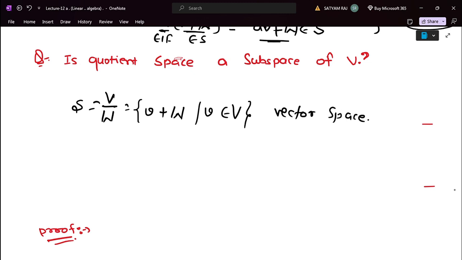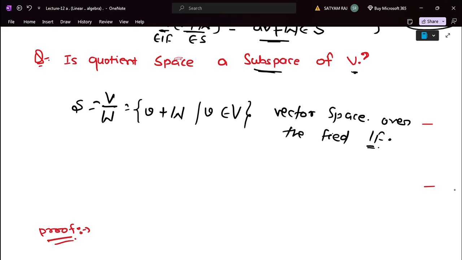Now, is it a subspace of V? Here V by W is a vector space over the field F. Whatever field is used for V, the same field is used for V by W. This should be noted.